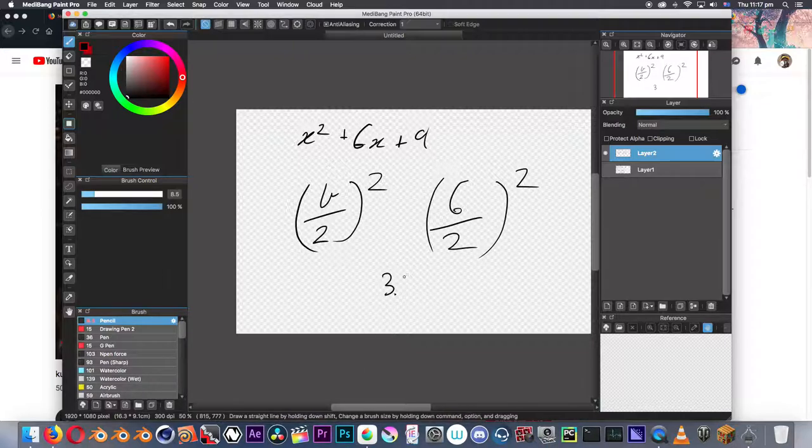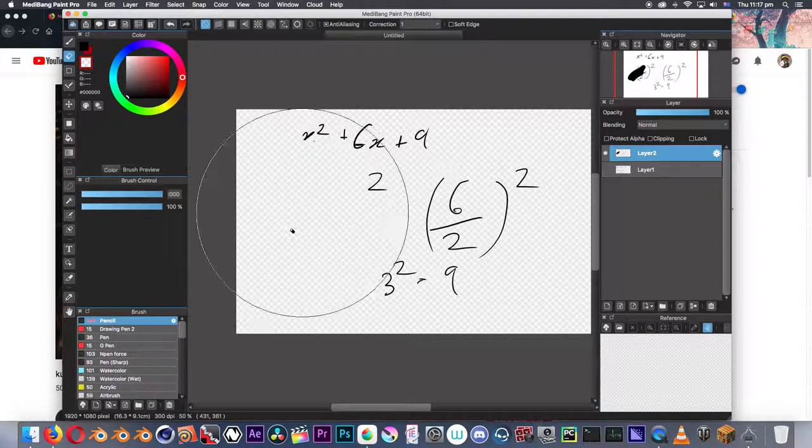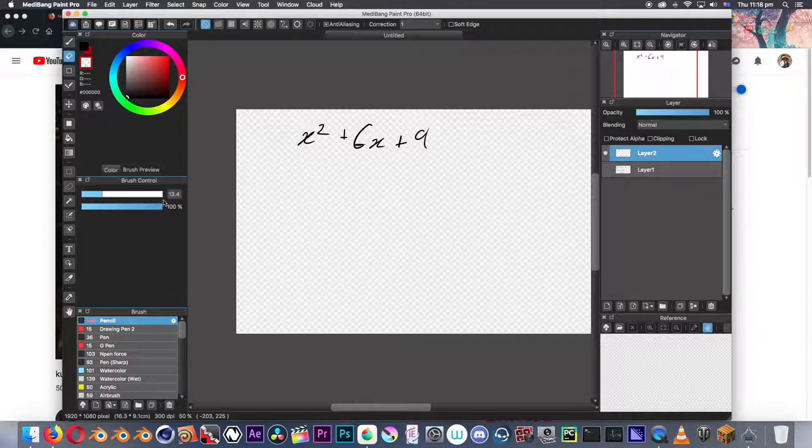And after that, we're going to square it, and that will equal 9. Oh dear, I just got my square brush. Alright, so we got a 9.